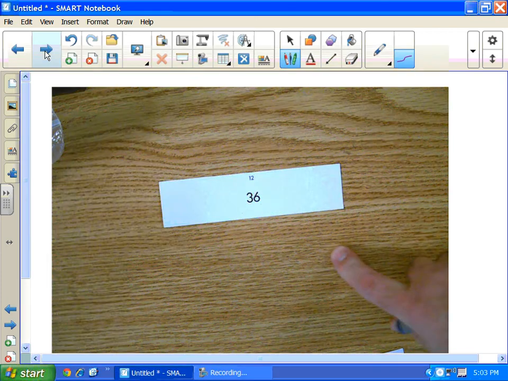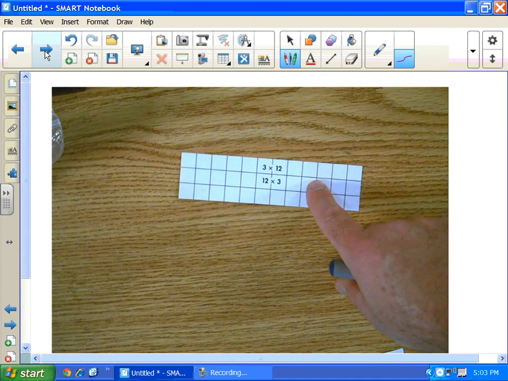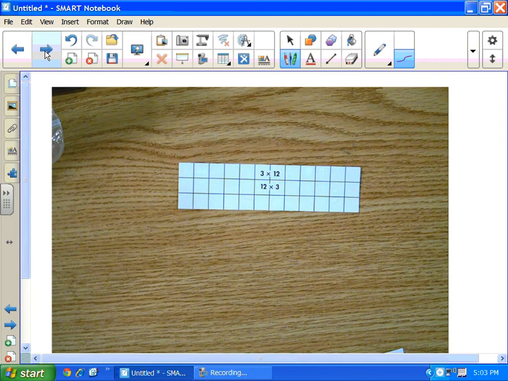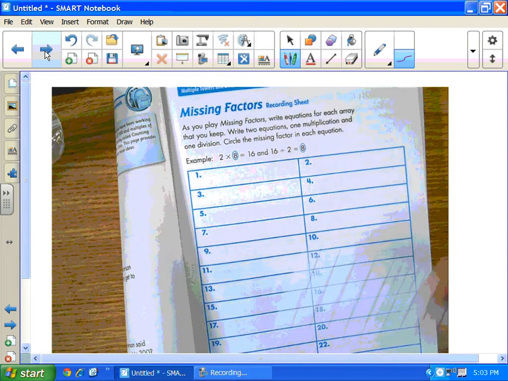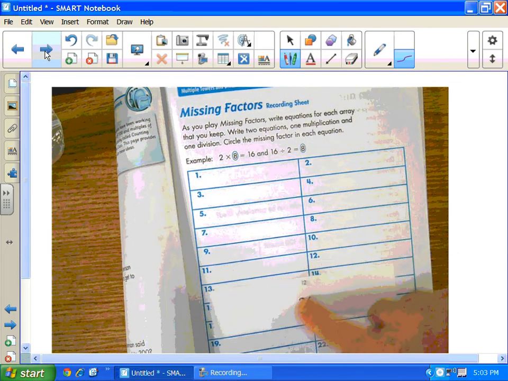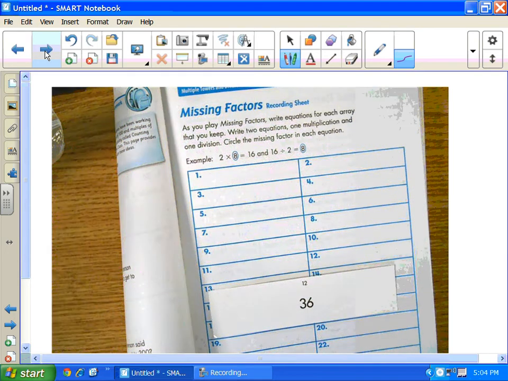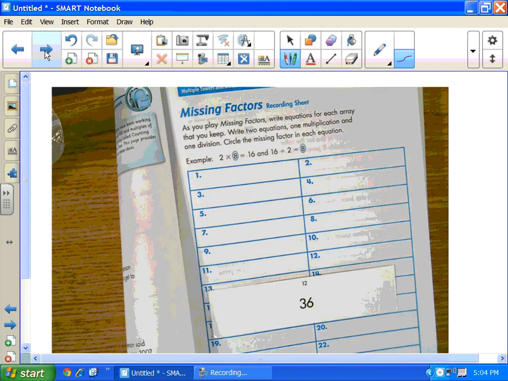However, if I say that the missing factor is 3, I turn the card over to check it, and I was correct. The missing factor is 3. Then, on the missing factors recording sheet, which looks like this, you will record your missing factor equations with a multiplication equation and 1 division. So you'll have to have 1 multiplication and 1 division.